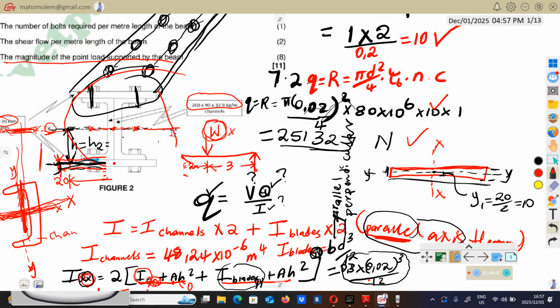So remember, from here to there it's y bar, and from here to there, this distance is y1. So to find this distance here, which is h, you will say y bar, from here to there, minus this small distance here, is going to give you this. So it's simple.